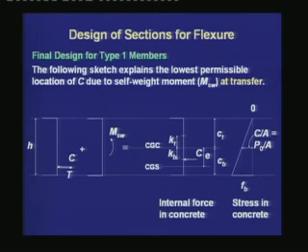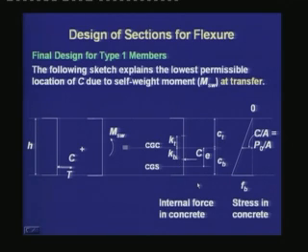Now, when the self-weight acts, the C shifts upward from T. For a type 1 member, this upward shift should be such that C enters the kern zone to avoid any tensile stress at the top. Thus, the lowest position of C which is permissible is at the bottom kern point, which is at a depth kb from CGC.